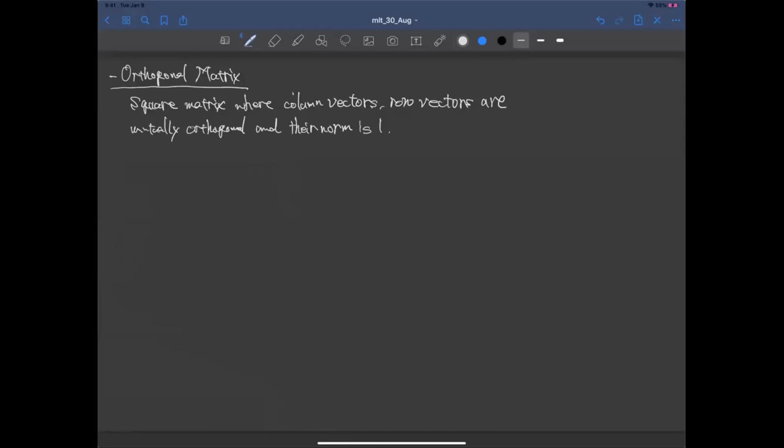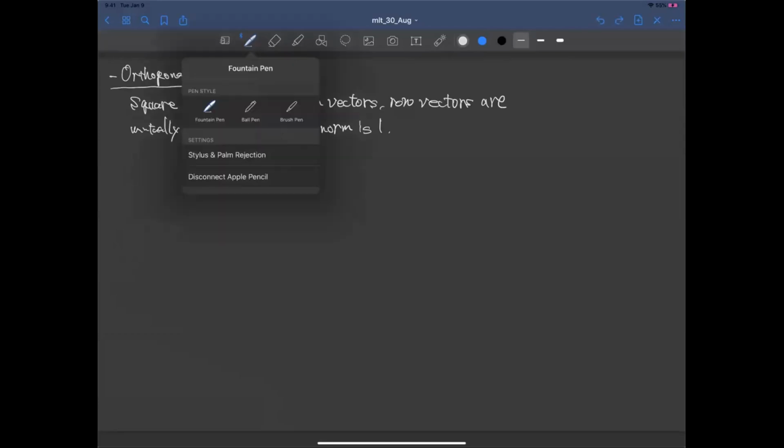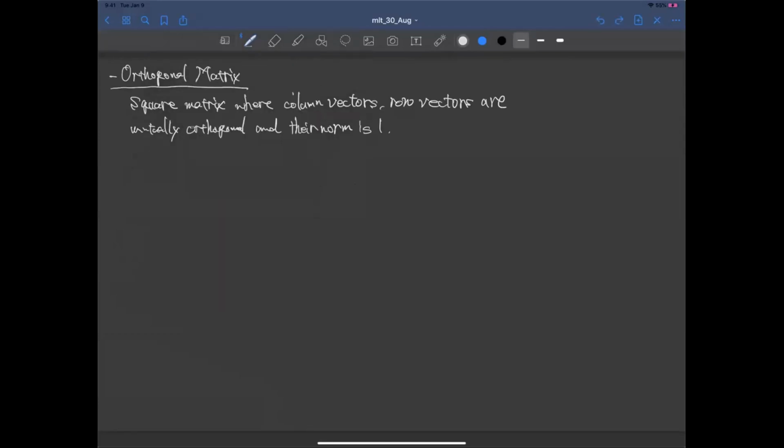First of all, the transpose. Okay, sorry. Let's say R is an orthogonal matrix, a K by K matrix.